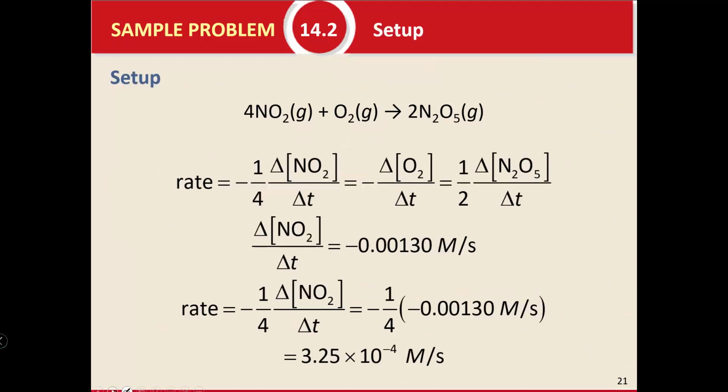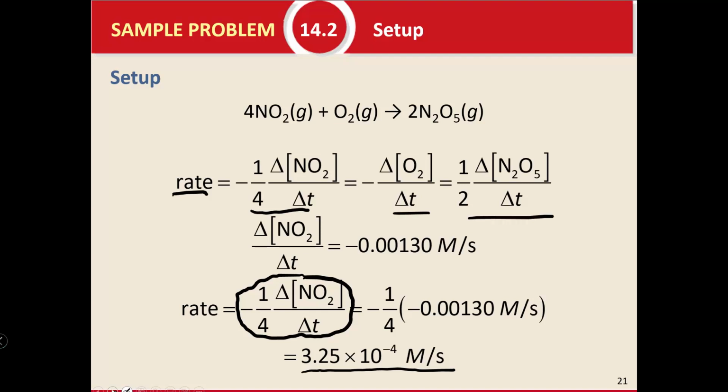All right, so that's what they did. They set the rate with respect to the nitrogen dioxide. They plug this in, and they get the overall rate, 3.25. So again, this is the rate of reaction, the overall rate, and this is what it's equal to, each component, like I wrote on the last slide.